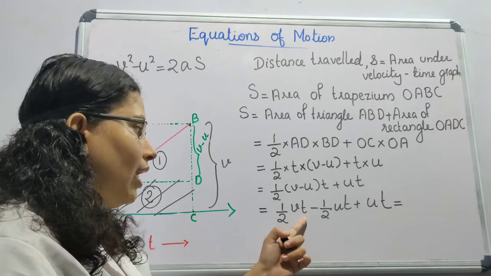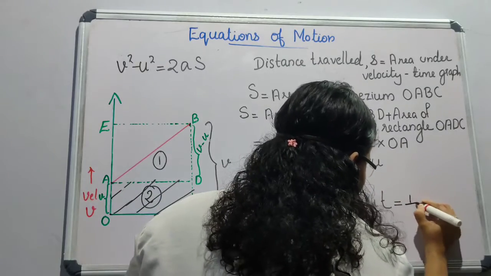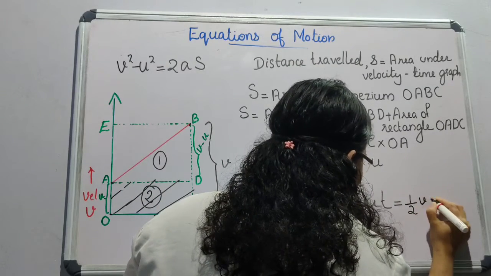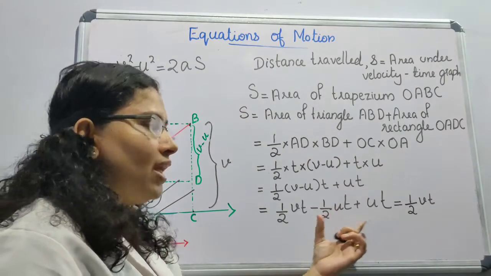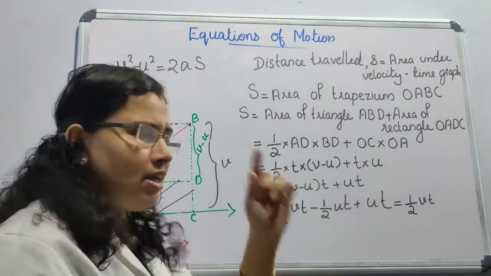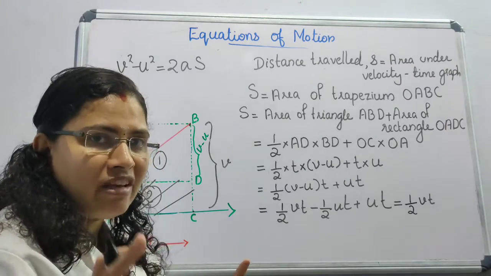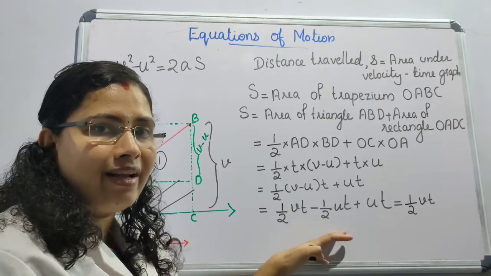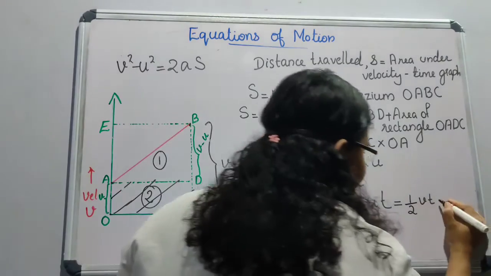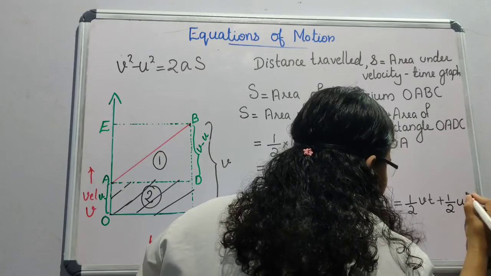Half into V into T, that we can write here itself, half into V into T. Here UT minus half UT. See, I have 1 and half has gone, the remaining will be half. So 1 minus half is equal to half. So we can write it as plus half UT.